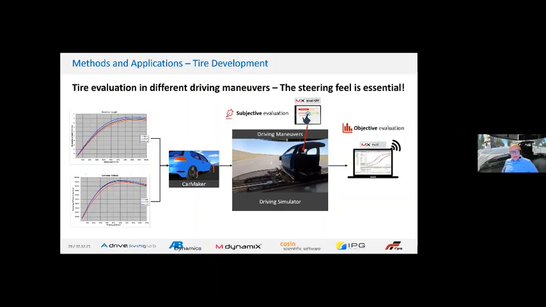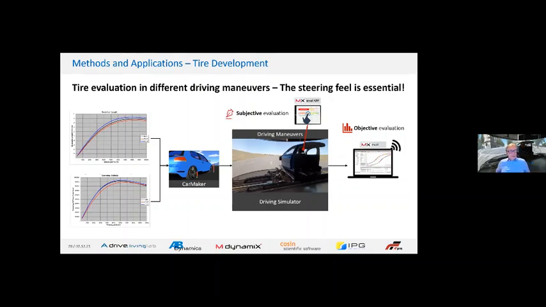So to give you some insights, I think what would be more exciting for you right now is what we are doing. I would say one of the top applications is tire testing. For that case, we have a very good validated vehicle model of different cars.